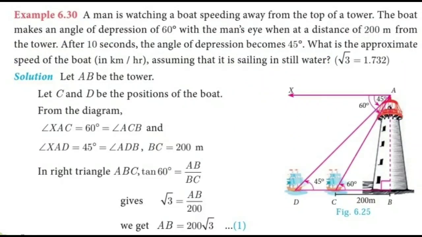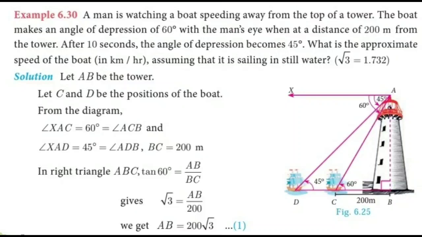Next, example 6.30. A man is watching a boat speeding away from the top of a tower. The boat makes an angle of depression of 60 degree with the man's eye when at a distance of 200 meter from the tower.